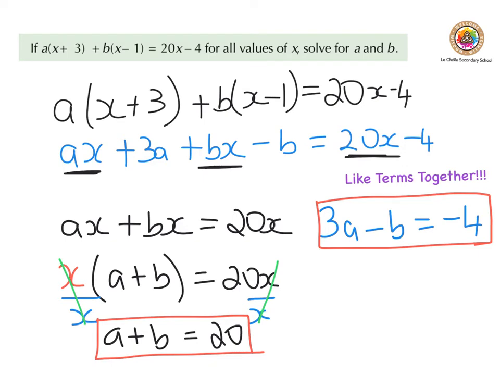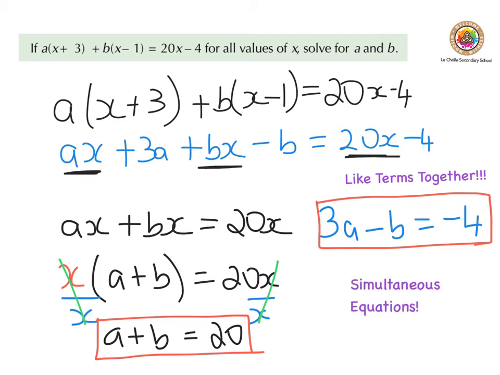Taking a quick look at both of these, I can go no further with this, and I can go no further with this. But what do I see? I have two equations with two unknowns, an a unknown and a b unknown. And when I have two equations with two unknowns, I know that I need to do simultaneous equations.